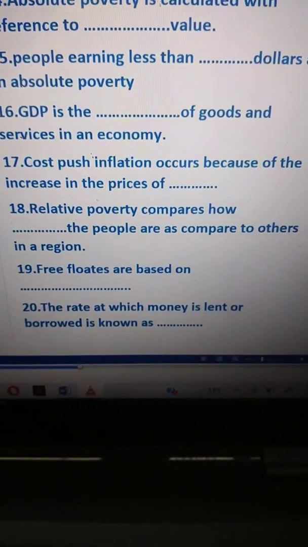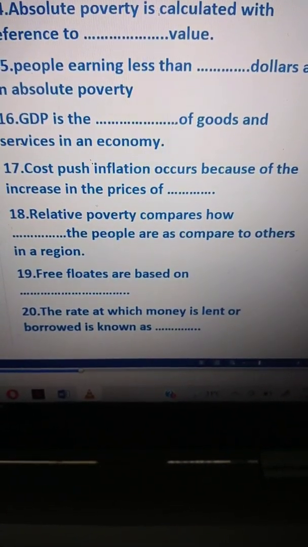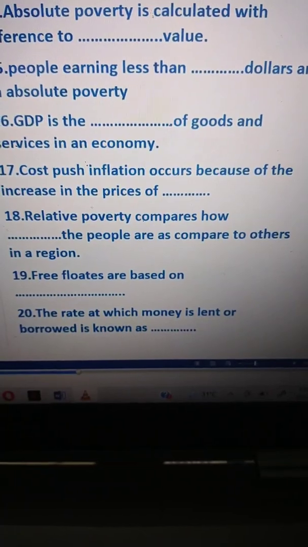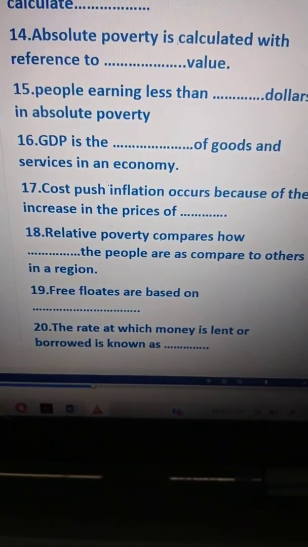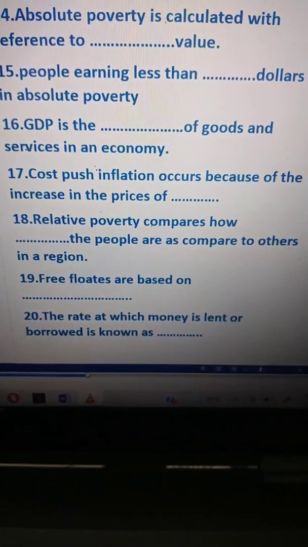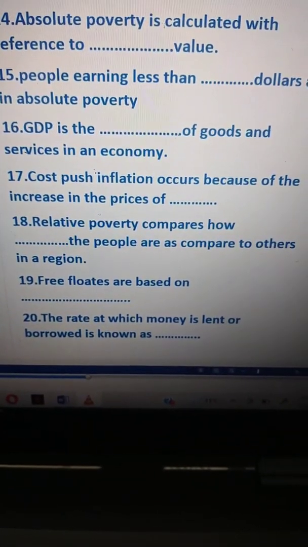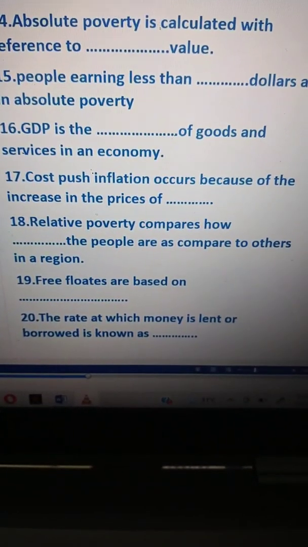Number 20. The rate at which the money is lent or borrowed is known as what? Yes, the rate at which the money is lent or borrowed is known as the interest rate.